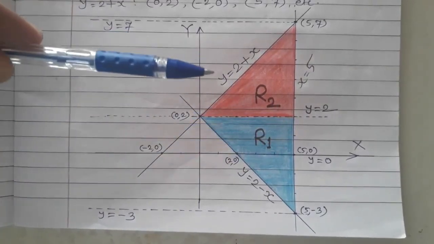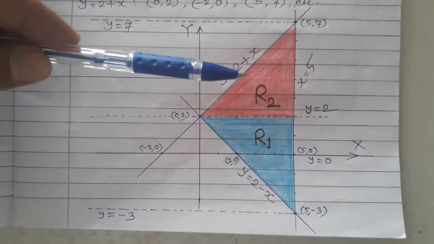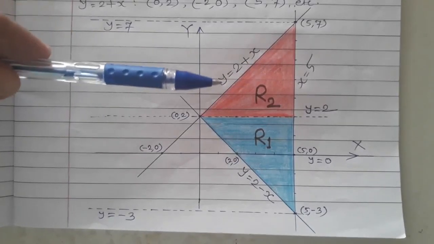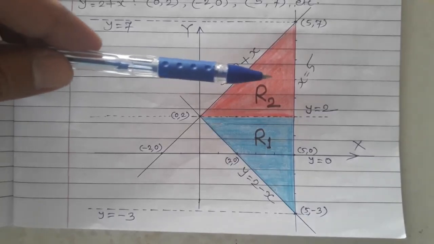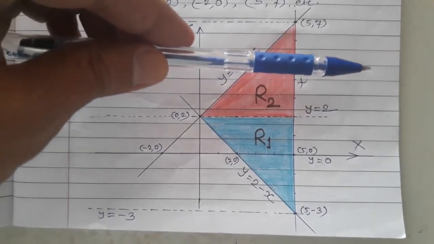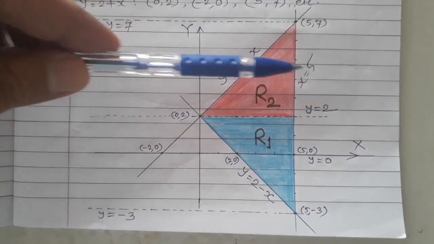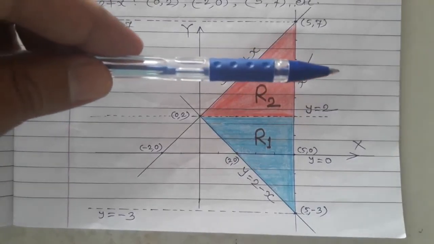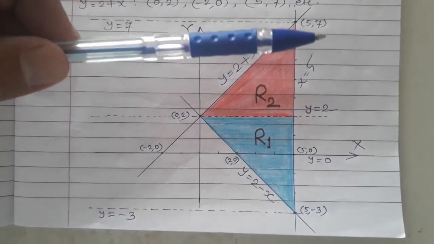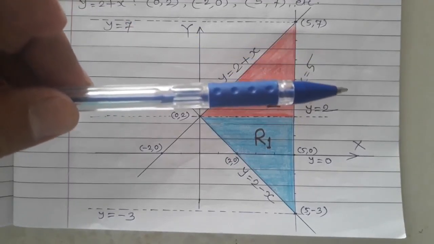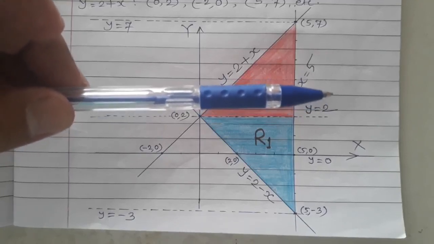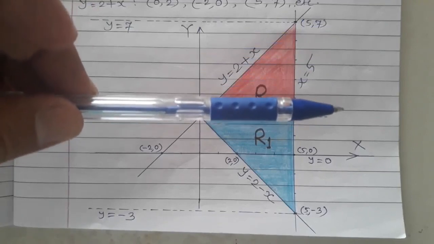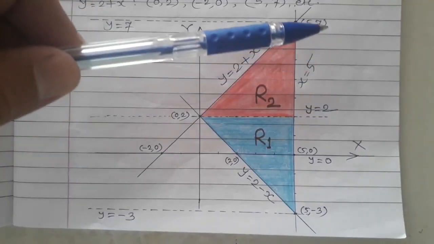Similarly, for R2 region, if the bullet is fired like this, it will enter through the breaking wall x is equal to y minus 2, and then it enters the color, and then it exits by again x is equal to 5. So limits of x are y minus 2 to x equals to 5, and for limits of y, so that it enters into the orange color, that is y equals to 2 to y equals to 7, is the y coordinate here.